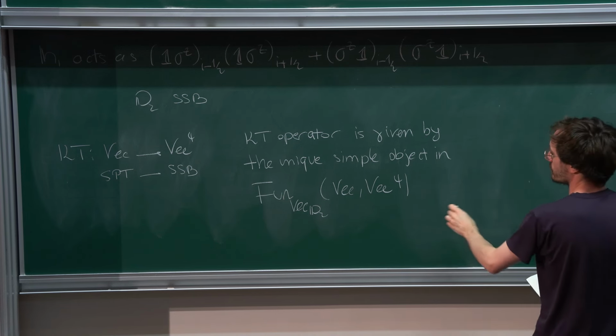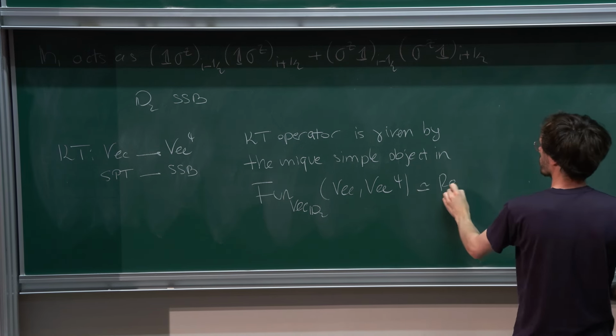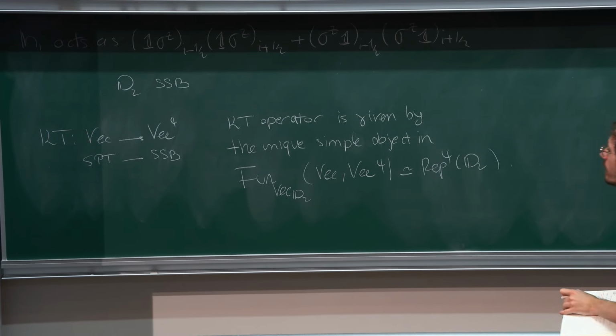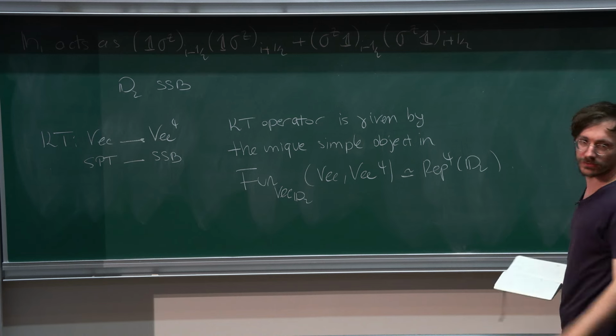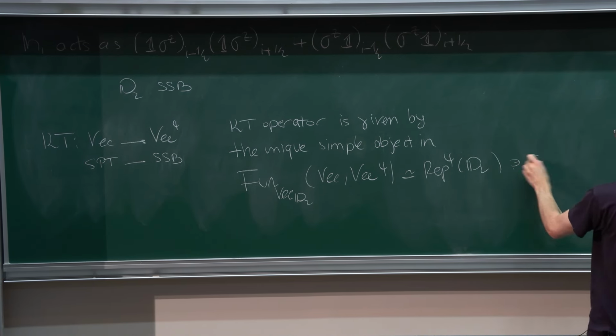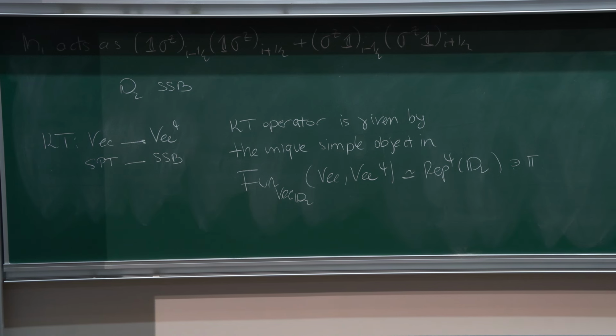I'm just going to give you the answer. You can show, and it's a nice exercise, that this is equivalent to the category of projective representations of D2. And there is a unique indecomposable projective representation of D2, which I'm going to write pi.